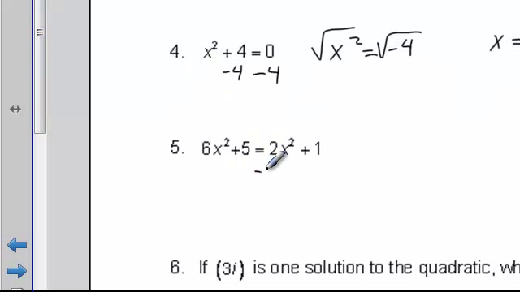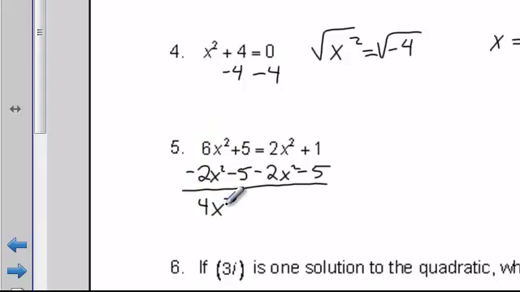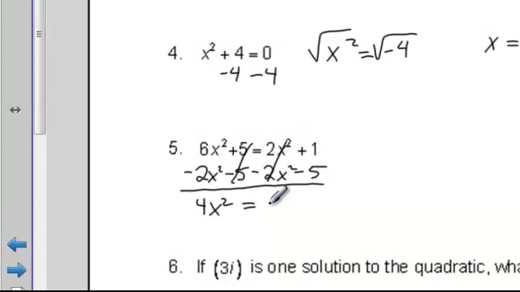Moving numbers, 2x squared by using subtraction. Moving the number 5 also by using subtraction. 6 minus 2, 4x squared equals -4.